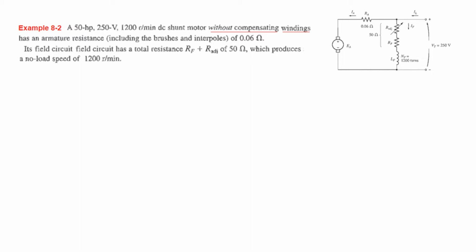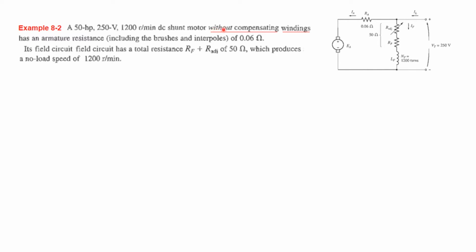To compensate for that, we put some kind of winding on the poles of the motor, and that compensates for the armature reaction. Now in this case, there is no compensating winding, so we'll see what the effect of this is.